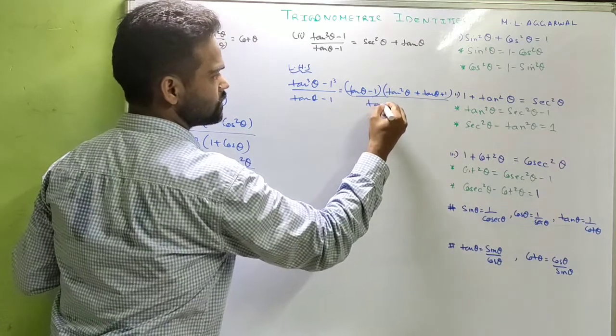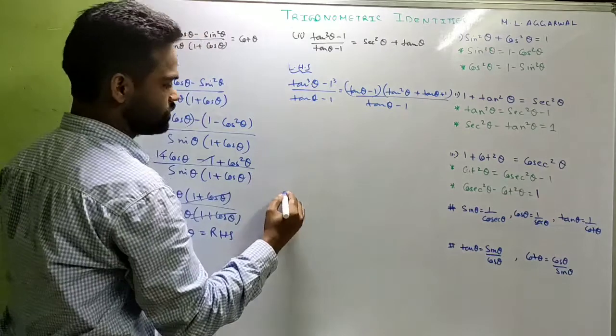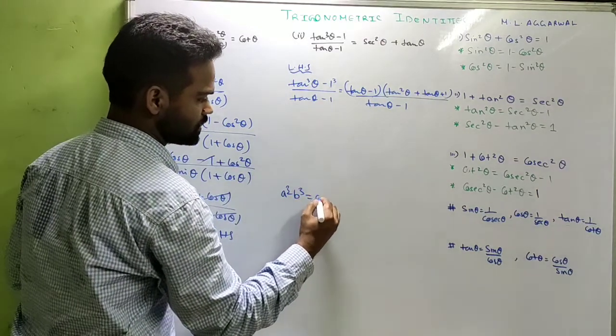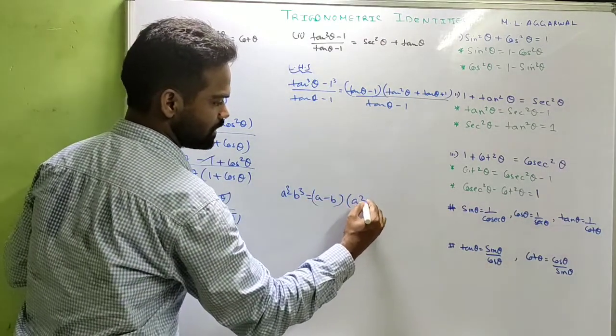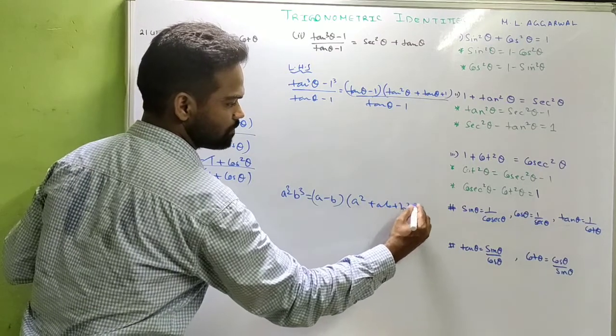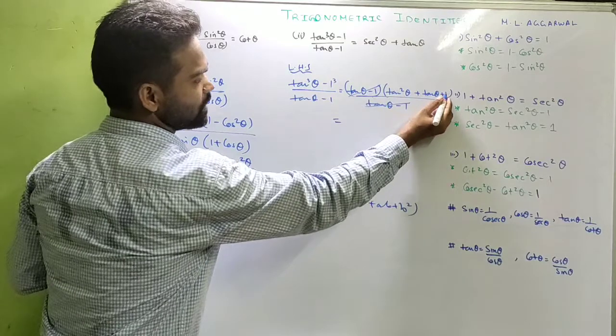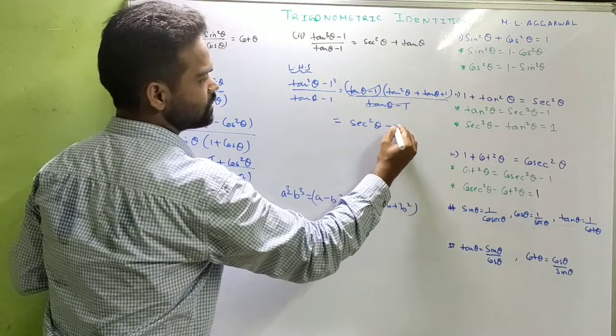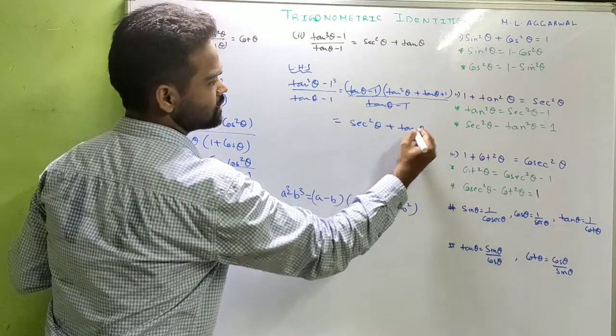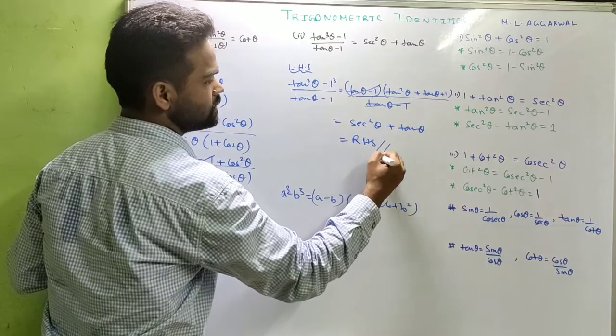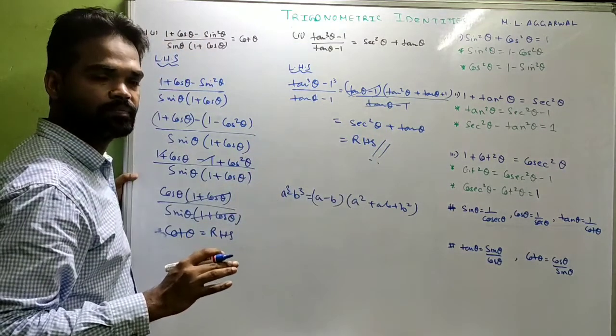Isn't it? Now this and this cancel out. Now tan square theta plus 1 is sec square theta, plus tan theta as it is, and this is equal to RHS. See, in 2 steps the sum is done.